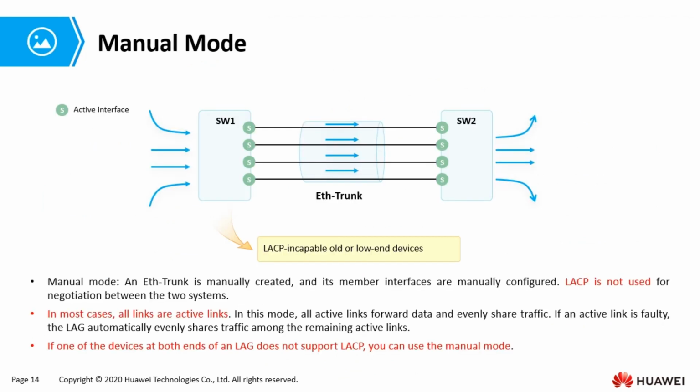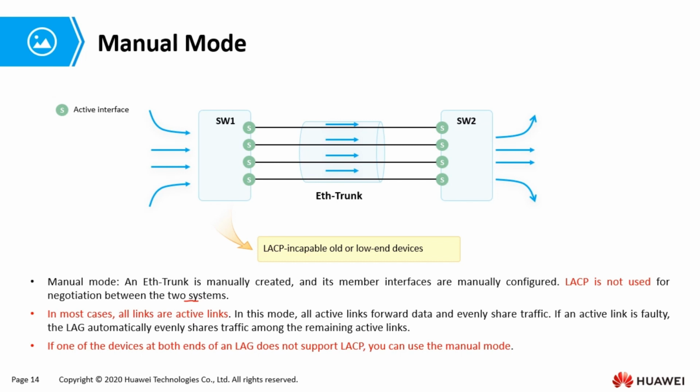Okay, next we are going to see manual mode. Under manual mode, you do the manual configuration to aggregate the links. You will not use the LACP protocol to negotiate between the two systems.